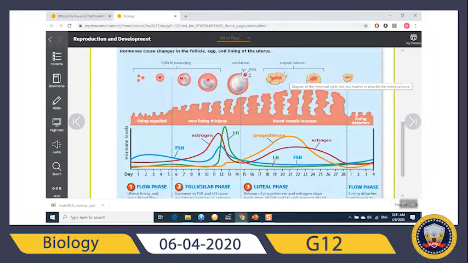The corpus luteum will help in producing progesterone, and the egg will travel through the fallopian tube during these 6 or 7 days. If the egg is not fertilized, then the next flow phase will start. The lining will be shed and the blood, mucus and tissue will discharge out of the body, and the whole process will start over.